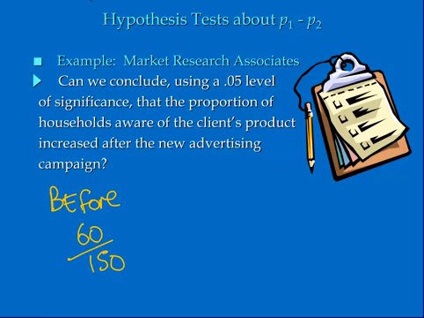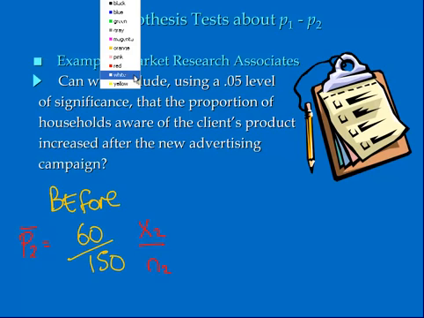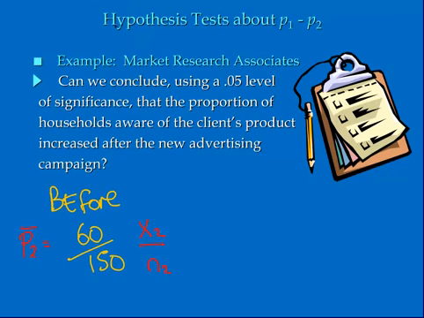And this is actually P2, the estimate for P2, the number of successes divided by the sample size. In P1, after the campaign, we had 120 out of 250. That is the number of successes out of the sample size, and that is after.